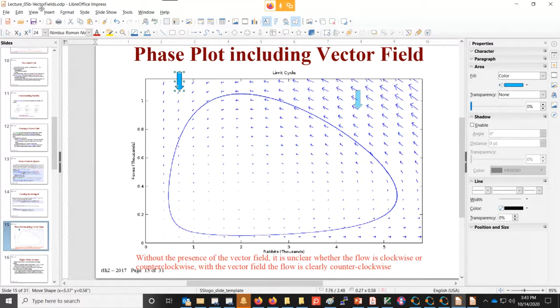Right here at the base of the arrow, you're looking at this point, and you're taking the derivative in both the x and the y direction.